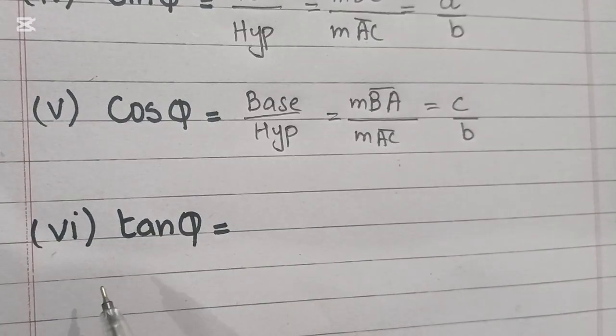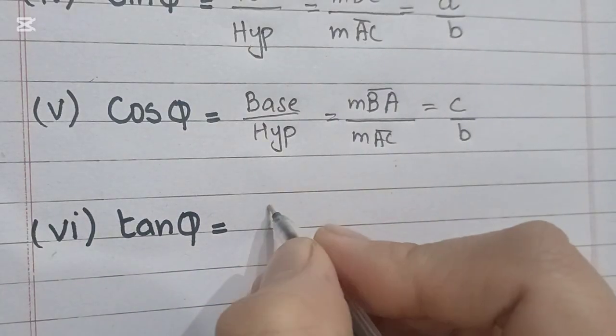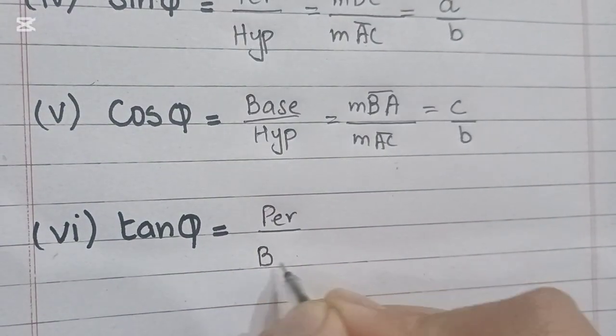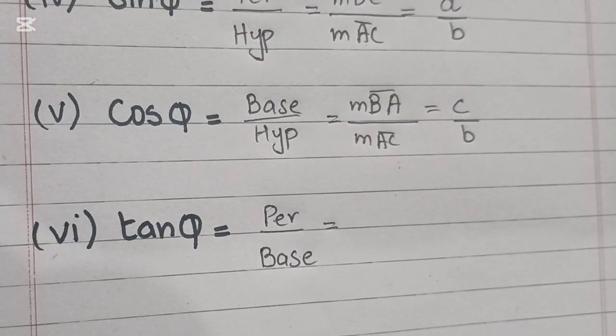Now in the sixth part we have to calculate tan phi. Tan phi short term is TPB: T for the tan, P for the perpendicular, and B for the base. Calculate the perpendicular side.